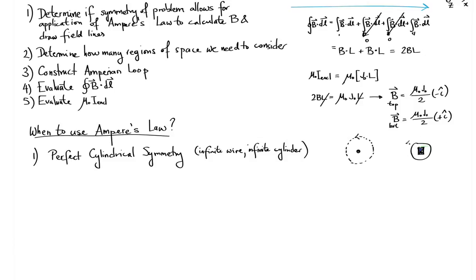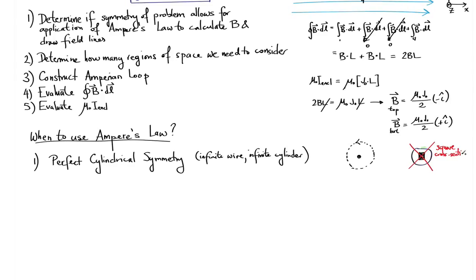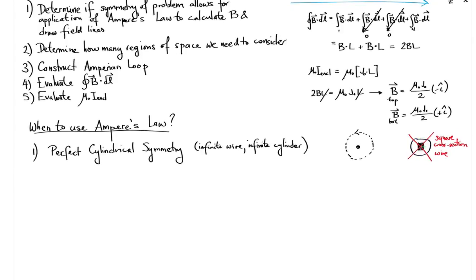It'll be fourfold symmetric, but it won't have perfect circular symmetry, and it won't be a perfect square either. So it would be very hard to define the right Amperian loop where you can just say B is either exactly parallel or perpendicular, because here it's going to be curving a little bit. So a square cross-section wire would not allow us to use Ampere's law. Okay, so we want perfect cylindrical symmetry.